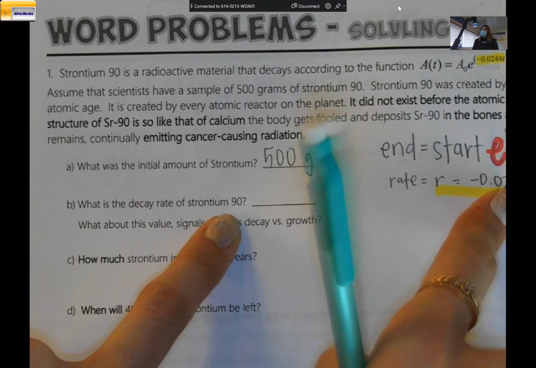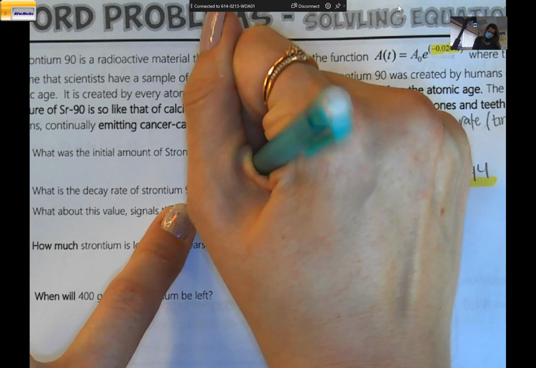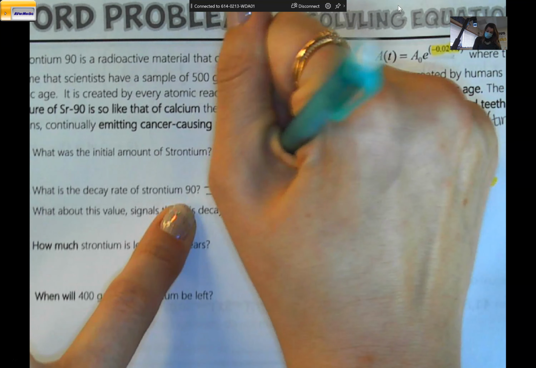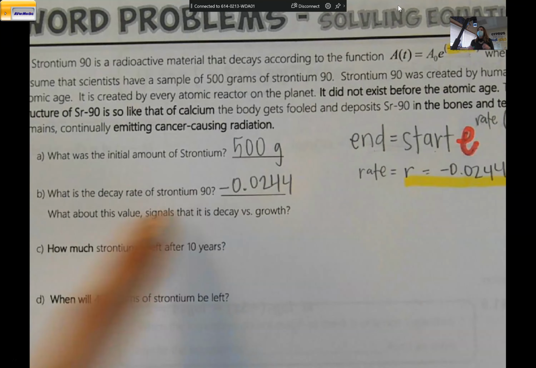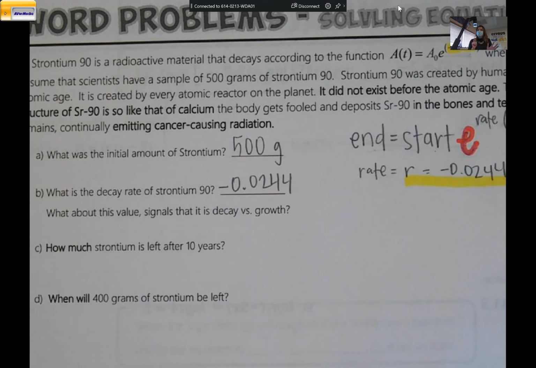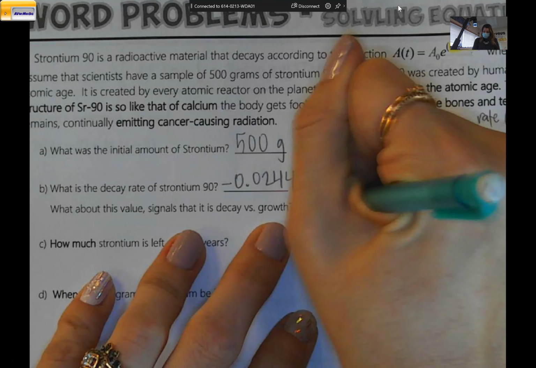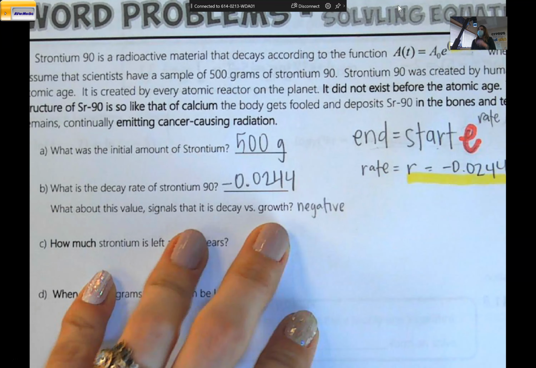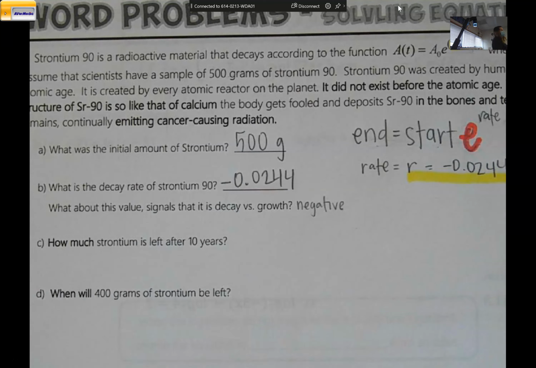It's this guy that I wrote here, negative 0.0244. What about this value tells you that it's decay? It's negative. If your rate is negative, that means you're losing the amount, you're losing grams of strontium.